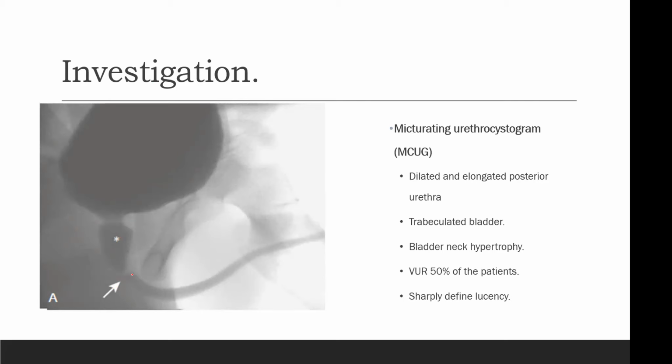In other cases, you are able to appreciate a sharp, well-defined lucency around this area of obstruction. This can also be described as a keyhole sign, with this anatomical representation of the bladder and the dilated posterior urethra.